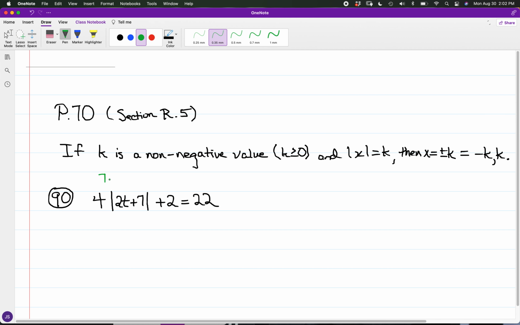In other words, we're not to distribute, say, 4 over the absolute value of 2t plus 7.